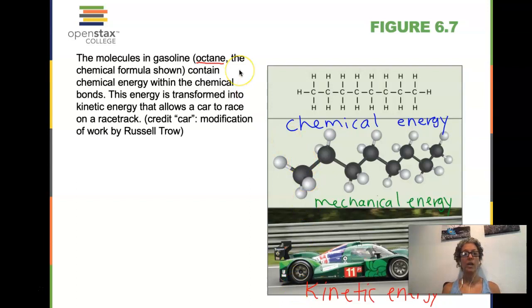You've probably seen on a gas pump the term octane rating, and that has to do with how many of these hydrocarbons containing 8 carbons are present. So high octane gas has a greater proportion of the octane form as opposed to different length chains in the hydrocarbons.